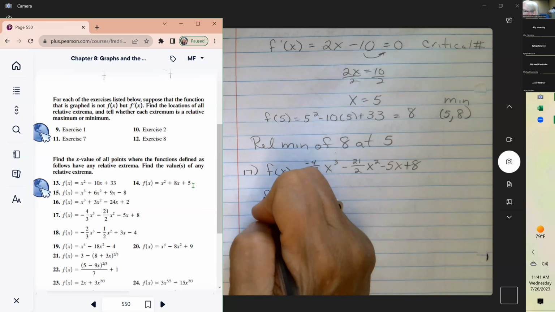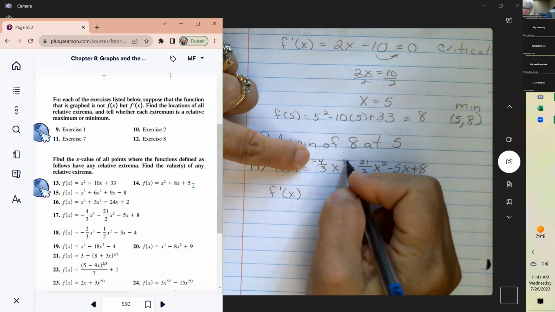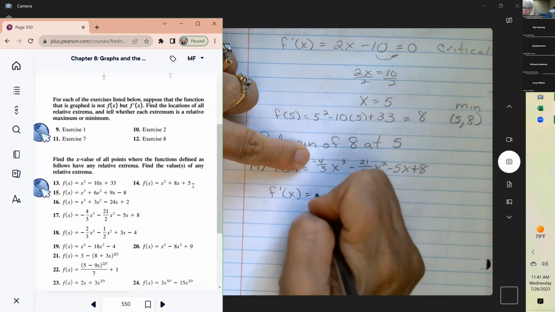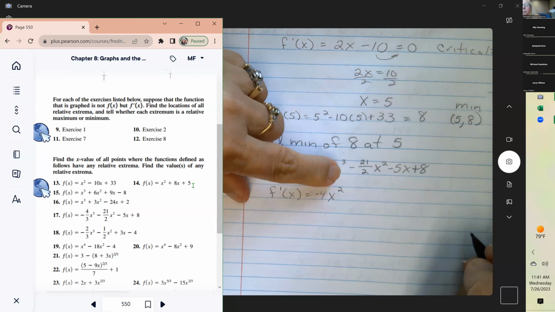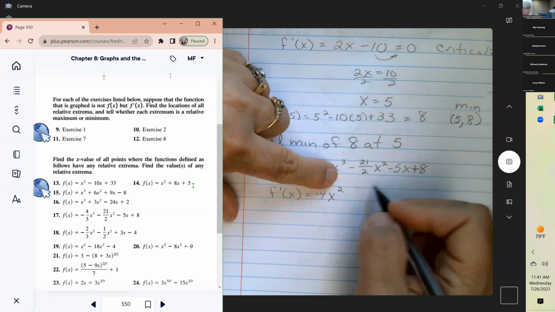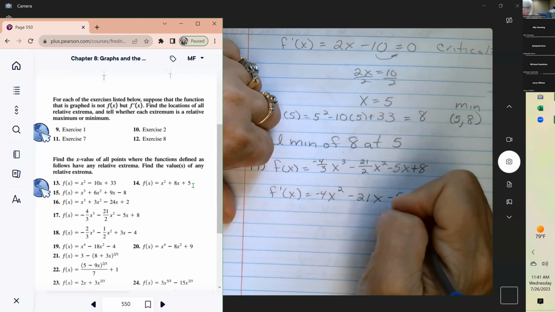So we take our derivative. 3 times negative 4/3 is a negative 4x squared. Multiplying by 2, the 2's cancel and leave negative 21x minus 5.